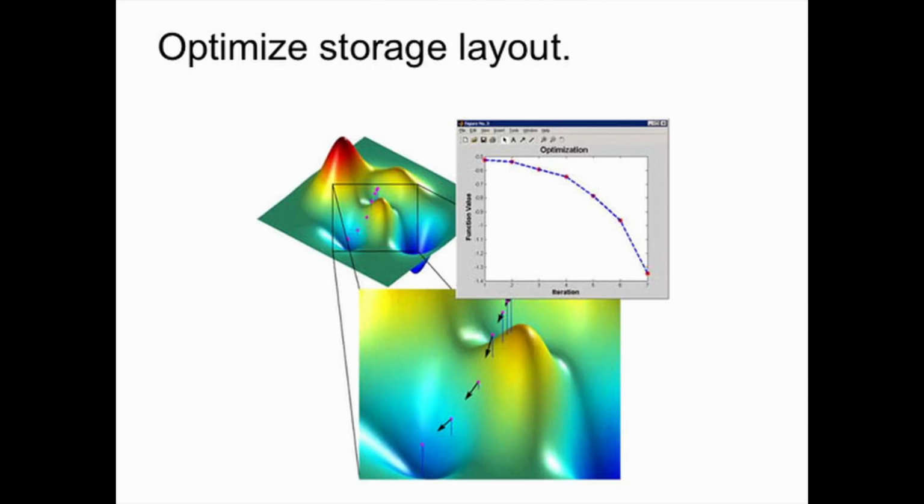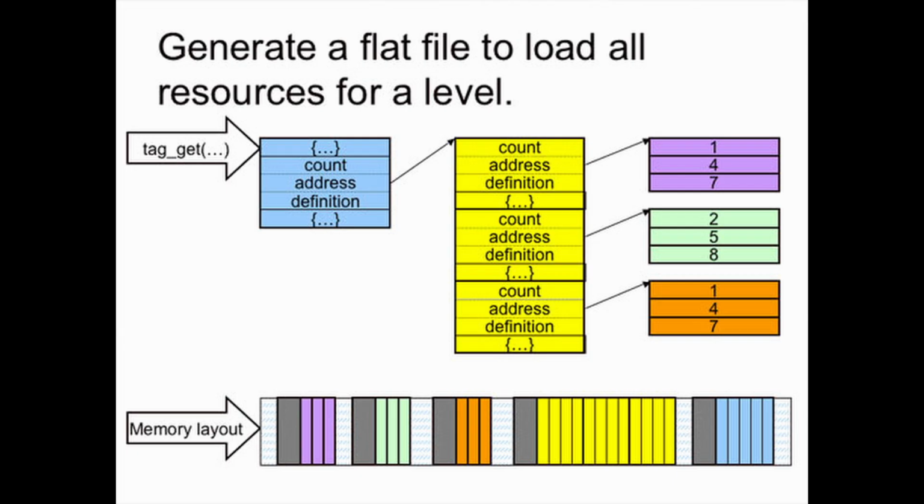And so another thing that we can use our tag system for is to optimize our data for our shipping builds. Now this is how our tags would get laid out in memory if you're going to be loading them for editing. This is how you would look at it in code, how you visualize it in code. This is the layout you would have in memory.